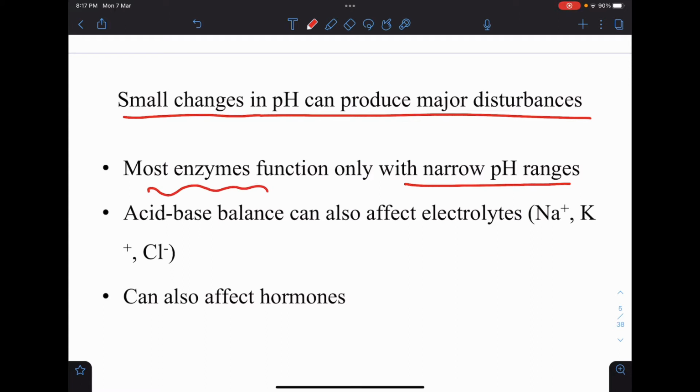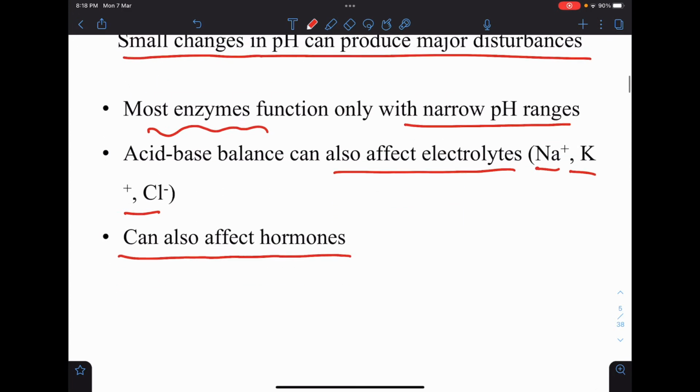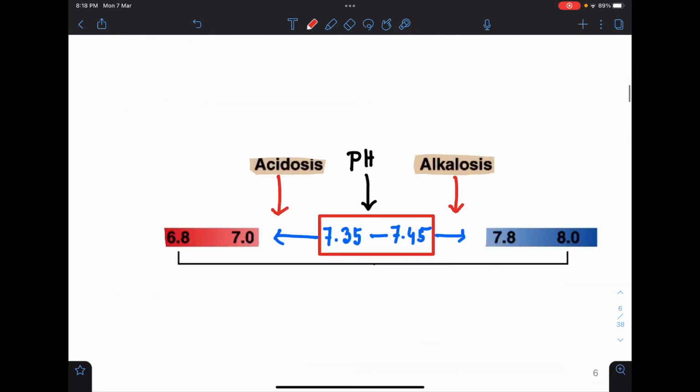Acid-base balance can also affect electrolytes like sodium, potassium, chloride. They can be affected by the imbalance of acid and base. And they can also affect the function of hormones. So it is very important to maintain the pH in a very narrow range so that different enzymes and different hormones can function properly and the balance of different electrolytes also remains maintained. So this is the importance of maintaining pH.